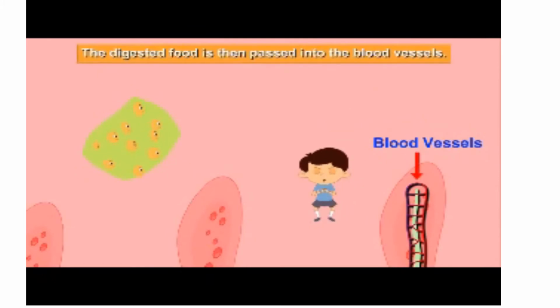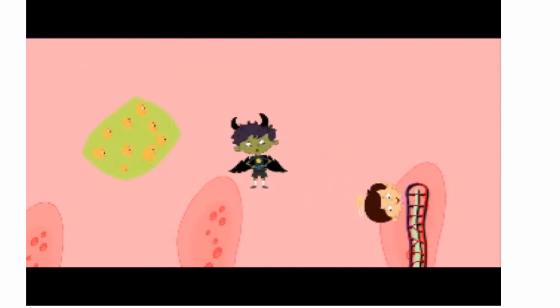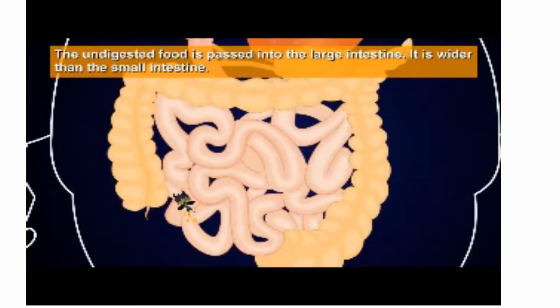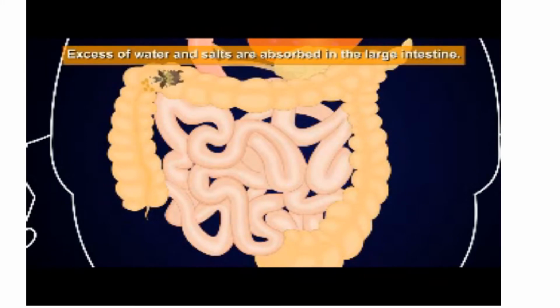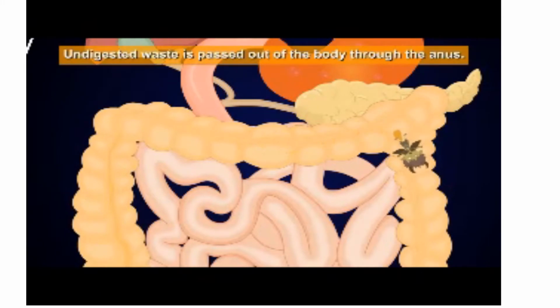The digested food is then passed into the blood vessels. The undigested food is passed into the large intestine. It is wider than the small intestine. Excess of water and salts are absorbed here, and undigested waste is passed out of the body through the anus.